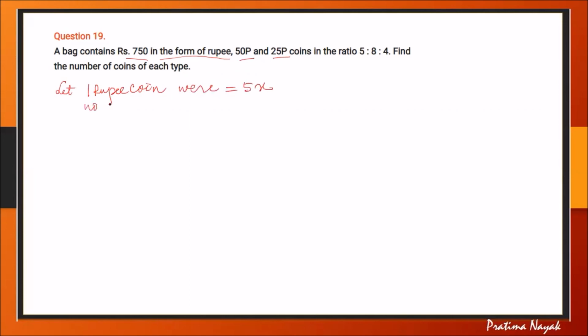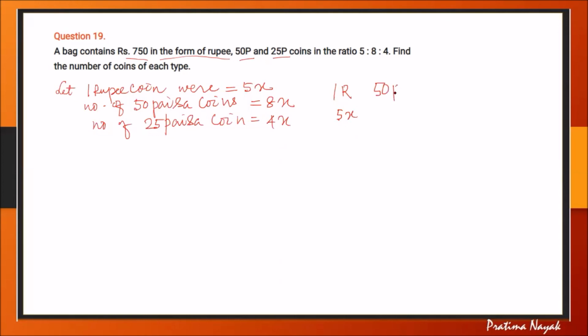Let the number of 50 paisa coins be 8x, and the number of 25 paisa coins be 4x. Then we'll calculate the money from it. 1 rupee, it is 5x, 50 paisa, there are 8x, and 25 paisa, there were 4x.